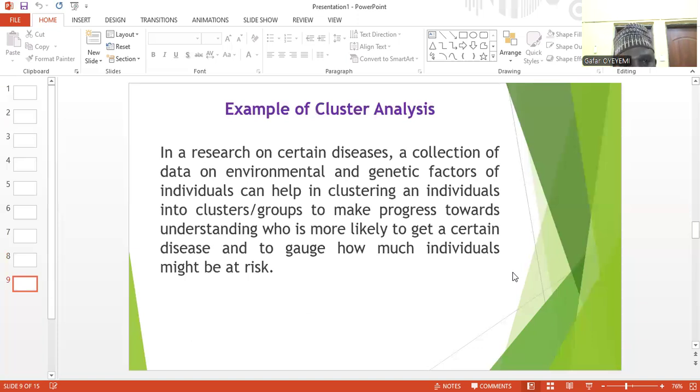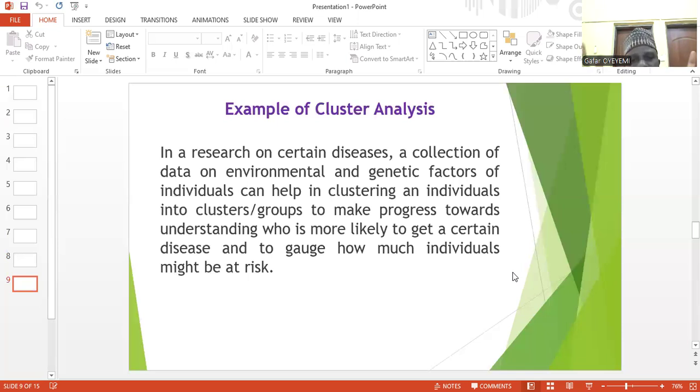So I'm giving some examples of cluster analysis. An example is a situation in which a researcher is concerned about certain diseases, and such a researcher collects information on environmental and genetic factors of individuals.